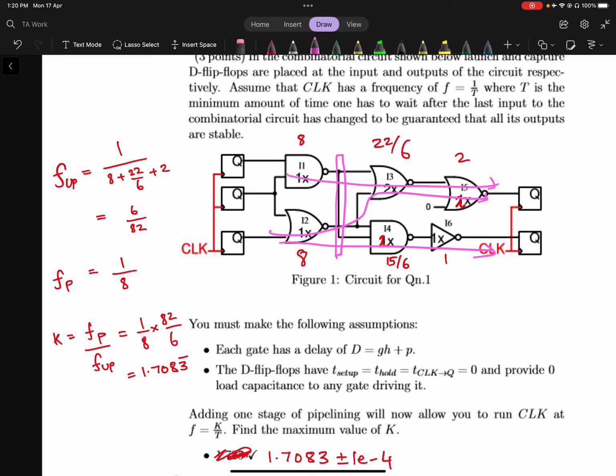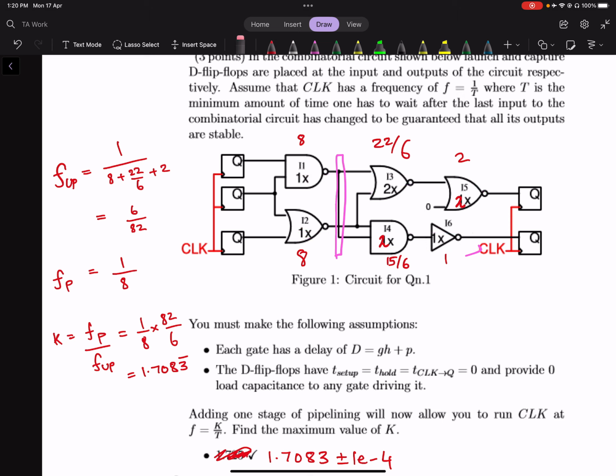Oh no, my mistake. There are basically three paths: I1, I3, I5, that's 1. Then I1, I4, I6, that's 2. And then the third path is I2, I4, I6, and I2, I3, I5. So there are basically four paths, right?